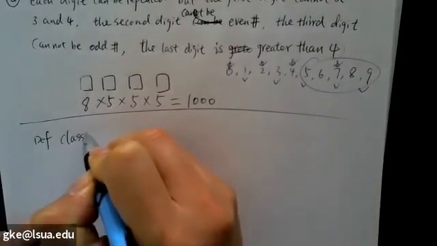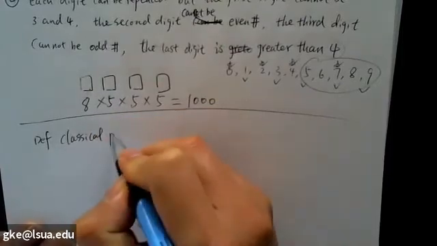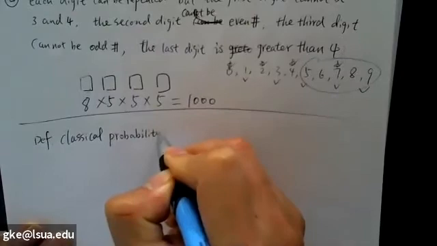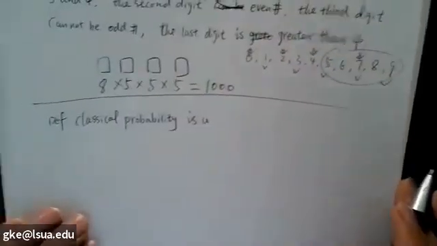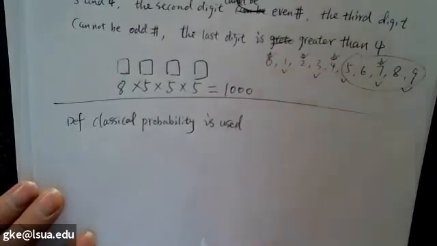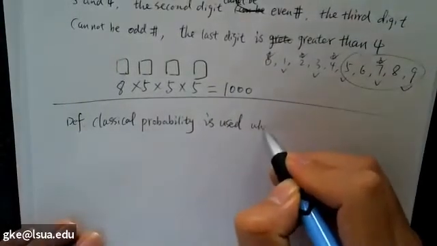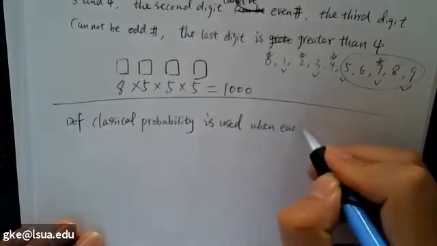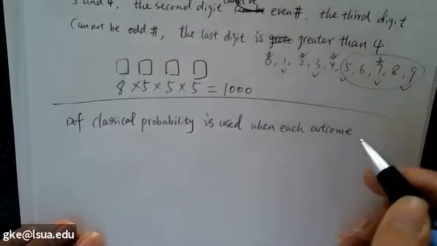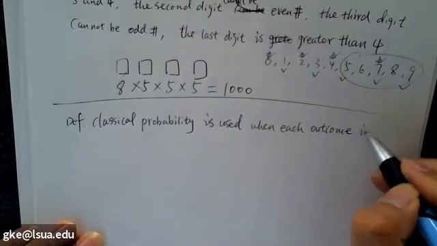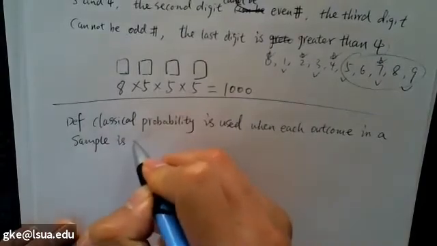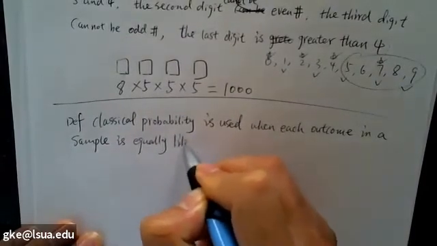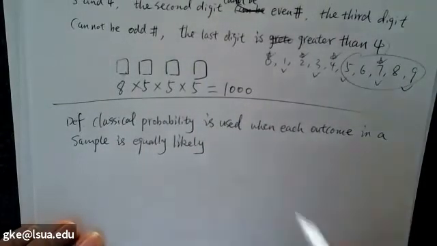Definition. Classical probability is used when each outcome in a sample space is equally likely to occur.